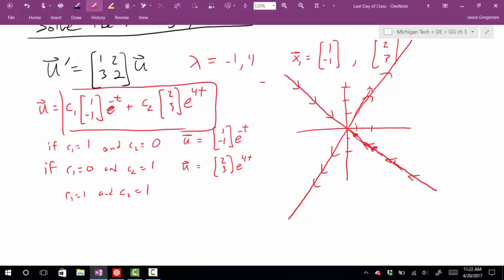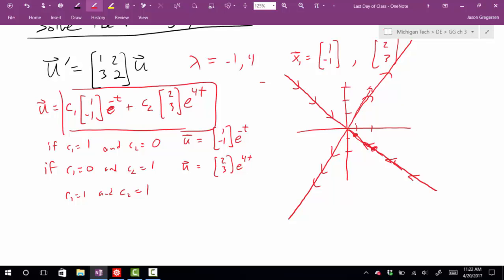As t gets big, the left term, 1 negative 1 e to the negative t, is going to get smaller and smaller. That's going to be a transient term in the system. It's going to go away as t gets big, because that means negative t. So the bigger the t value, the more my solution is going to look like that vector, the closer it's going to get towards that family of eigenvectors.